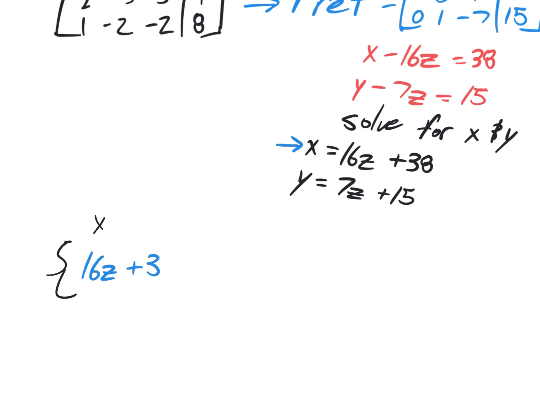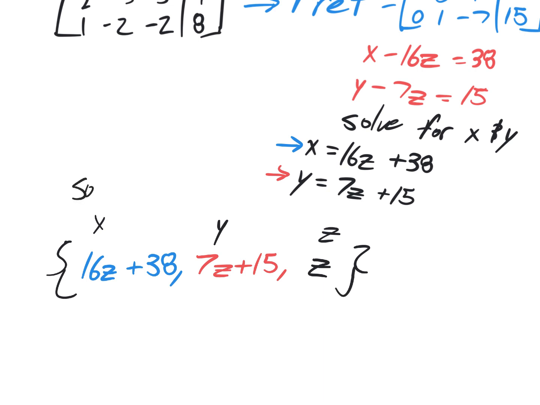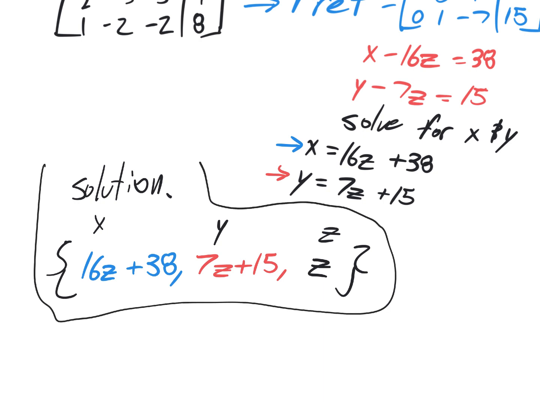Then next will be y, so my y's are going to be 7z plus 15. And finally we've got z. Well, z is just equal to z. And there you have it. This is our solution, expressed as an algebraic relationship between the 3 variables.